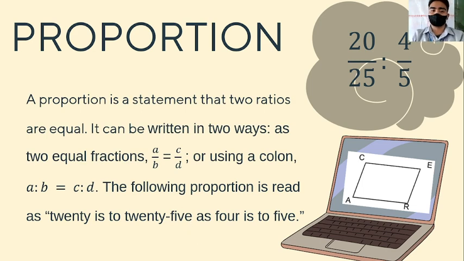From the statement itself, a proportion is not an expression, but a statement stating that you have two ratios that are equal. For example, 20 over 25 is equal to 4 over 5.